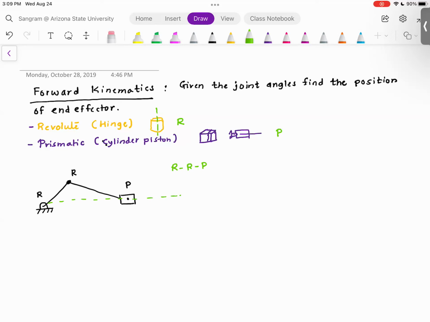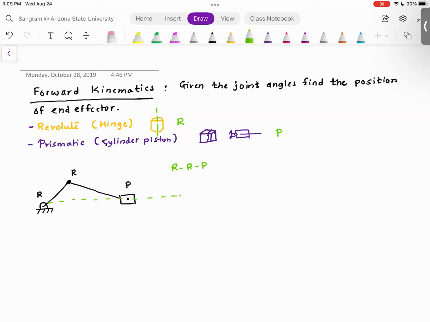Now, what is unique about this concept of machine? The concept of machine is that for one unique input, you are going to have one unique output. In other words, in kinematics terms, the machine has a single degree of freedom. So what is the degree of freedom?